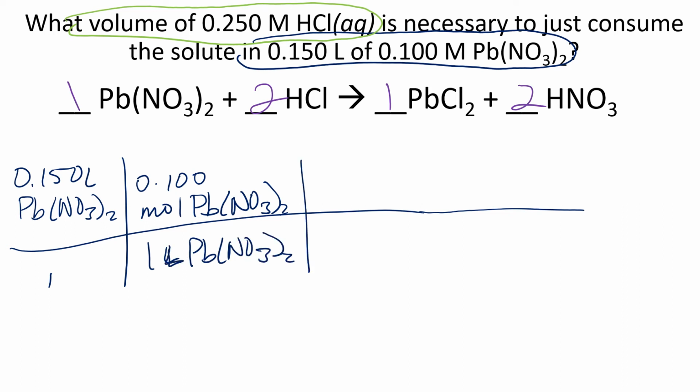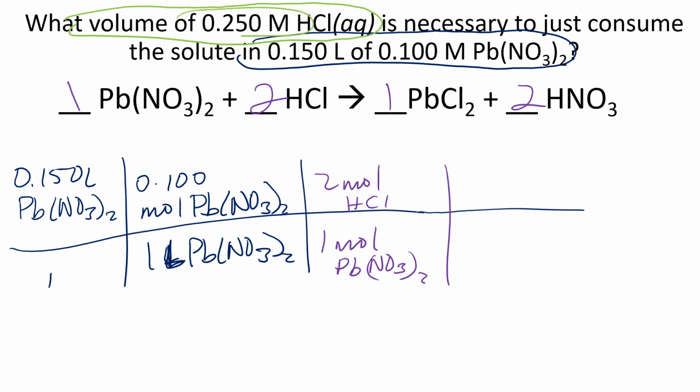So right now I am going to get out of moles of lead 2 nitrate by doing my mole to mole ratio. So I have 1 mole Pb(NO3)2 on the bottom, and on the top I got 2 because I'm trying to get to HCl. Alright, so now I look at what volume of this. So I use these moles and this molarity up here to switch out to liters. So I got to put 0.250 moles HCl on the bottom, and on the top it's going to be 1 liter HCl.